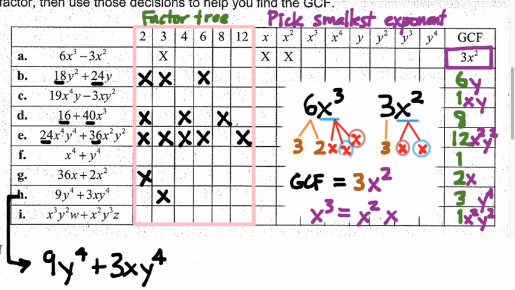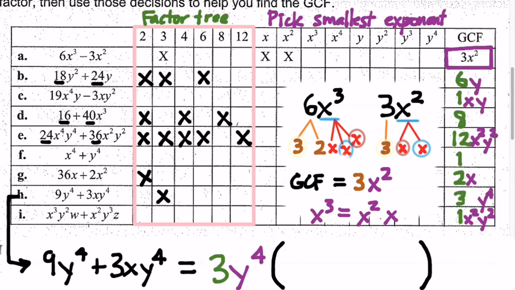If we're doing what we did on the previous slide, then once we know what the greatest common factor is, and we decided here that the greatest common factor was 3y to the fourth, we should be able to use that greatest common factor to undistribute in this expression.